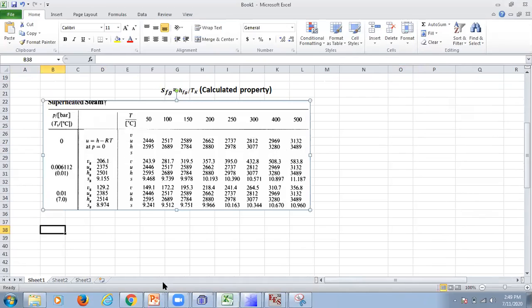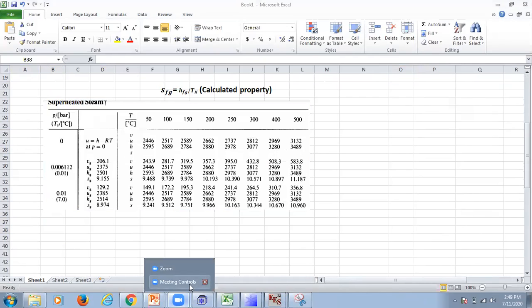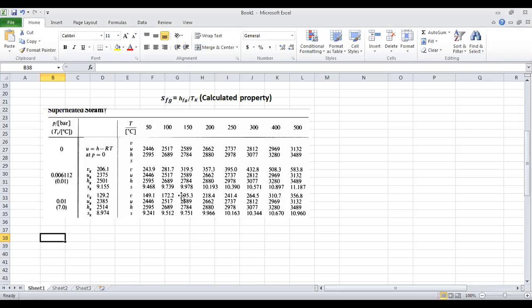Interesting. So you can see that here, same table. Now you see how these S values can be calculated. This is quite challenging.